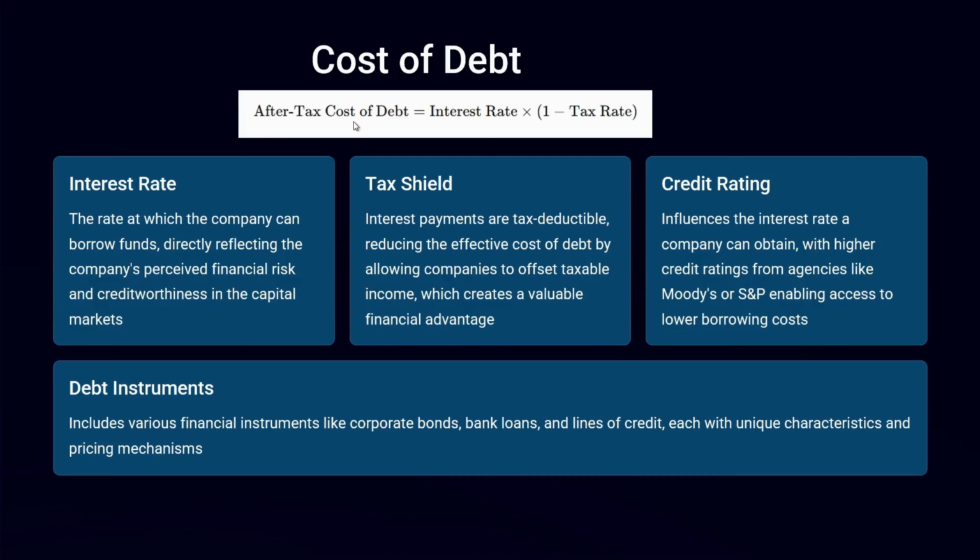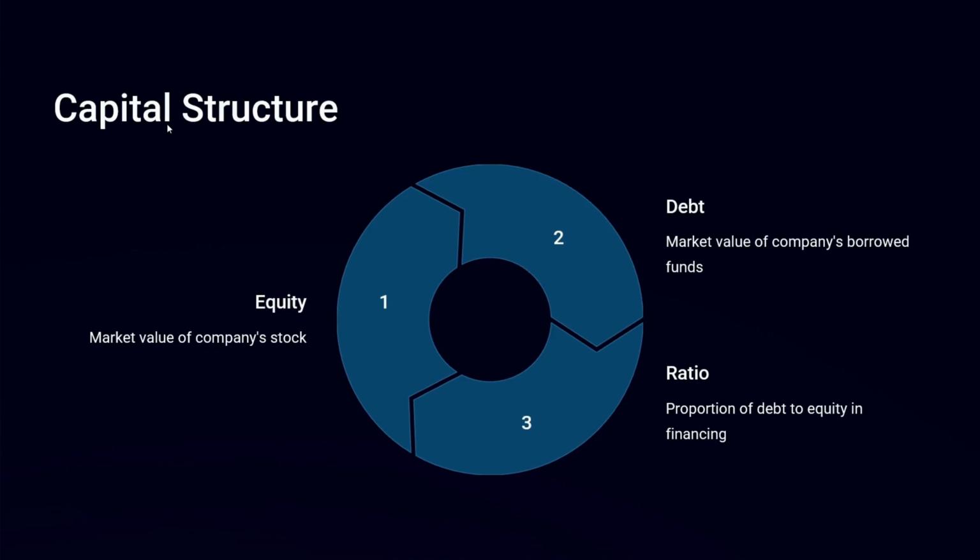The interest is the rate at which the company can borrow funds. The tax shield means interest paid is tax deductible, reducing the effective cost of debt by allowing the company to offset taxable income. Then the credit rating influences the interest rate a company gets. This is the capital structure of the company. We have equity, which is the market value of the company stock. Then we have debt, which is the market value of the company's borrowed funds, and we get the ratio.